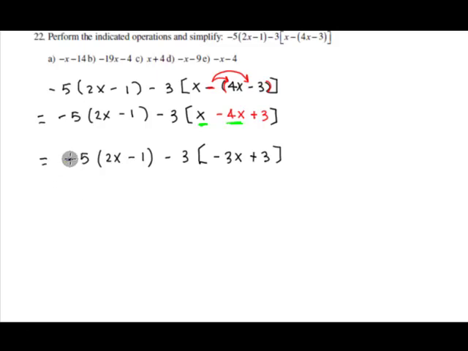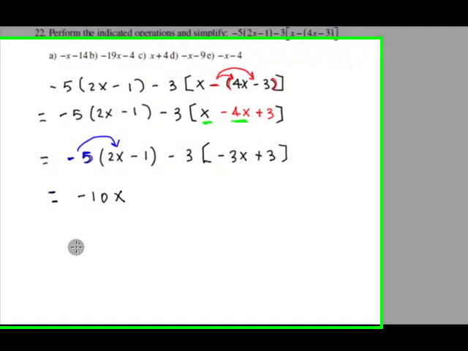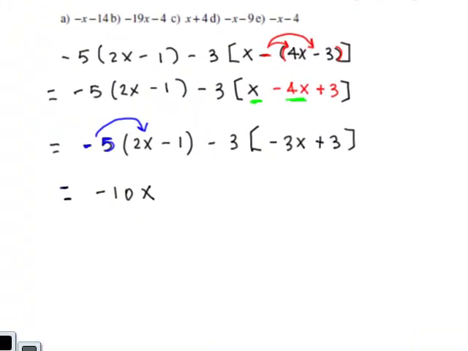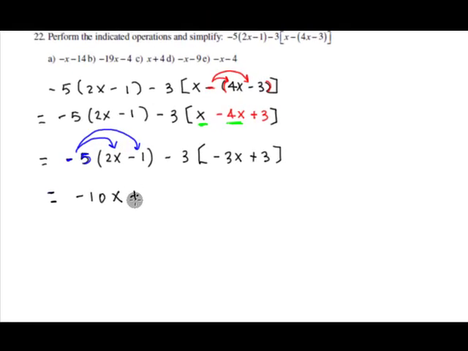I want to take the sign in front so it makes the distributive a little easier. So I have -5 times 2x, which will give me -10x. Negative 5 times negative 1, minus times minus, is going to turn into positive 5.